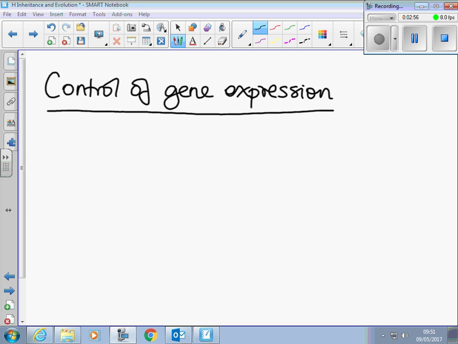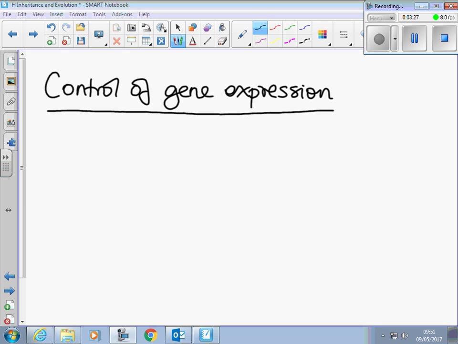If you go further down the division route, then you get cells which can produce every cell in the body but lose the ability to produce embryonic membranes. All right? And then the further you go, the more differentiated and specialized the cells become. So ultimately you end up with cells that can only generate the same type of cell over and over again.